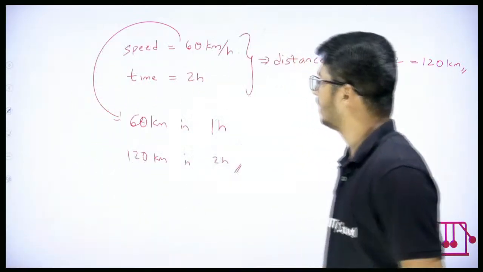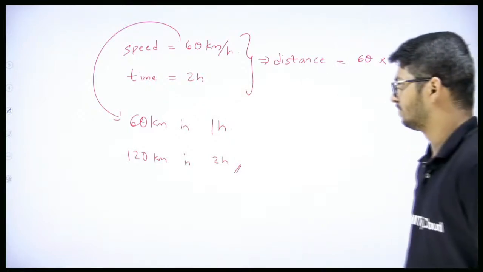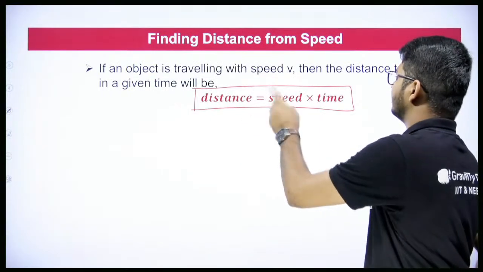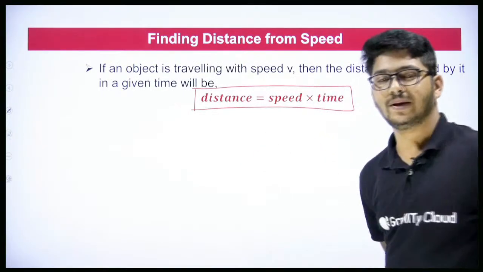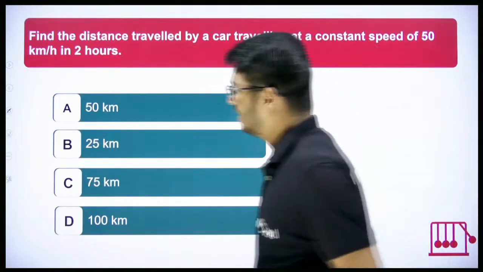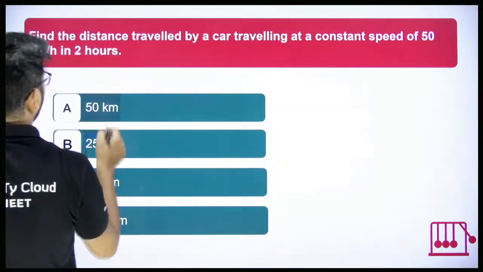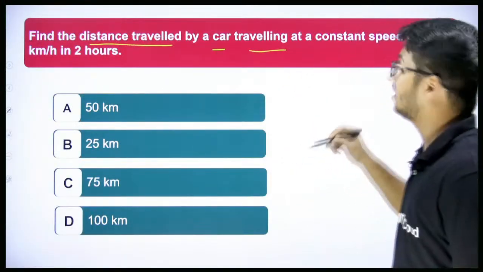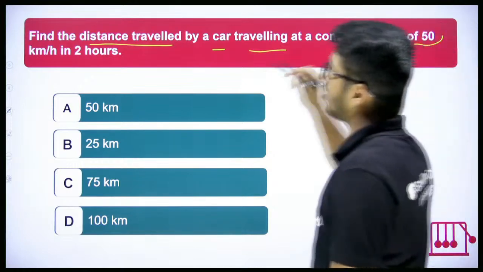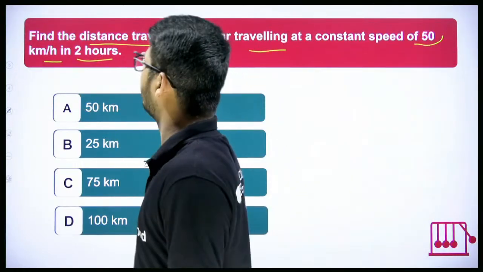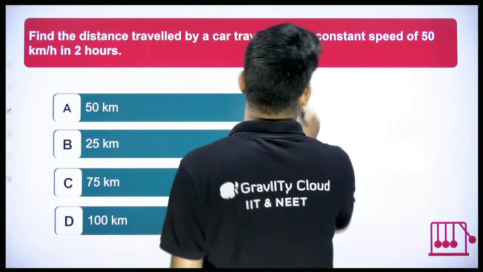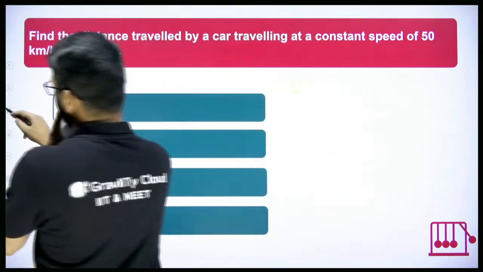Clear? Good? Now we'll use this formula: distance is equal to speed into time. Let's go to a simple example. Find the distance traveled by a car traveling at a constant speed of 50 kilometers per hour in 2 hours. What is given here?